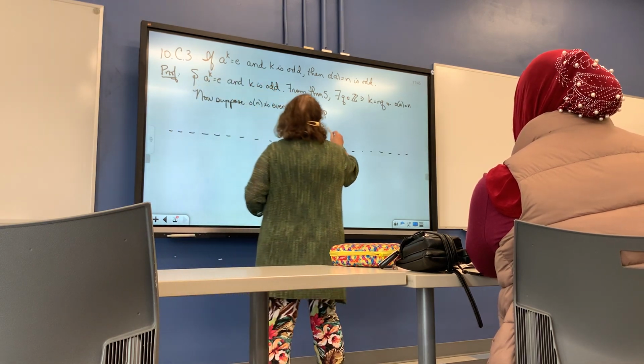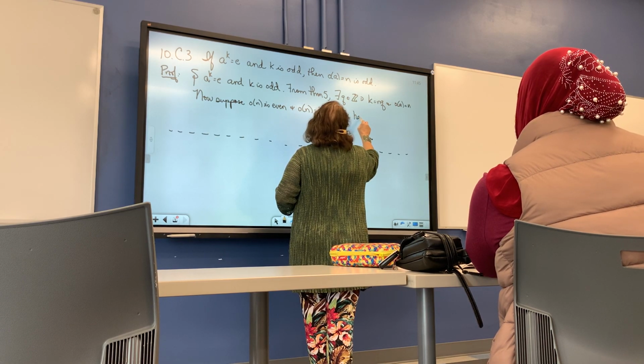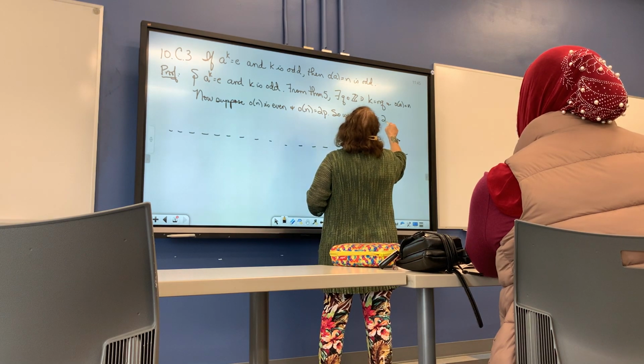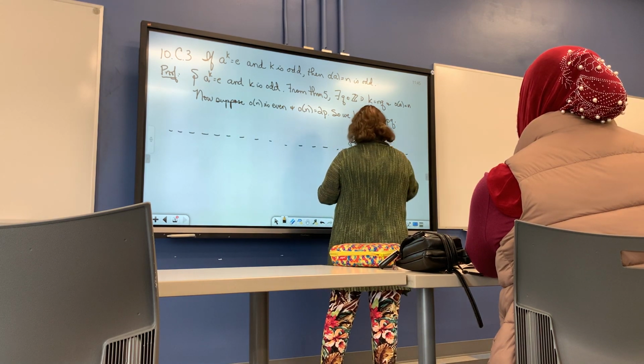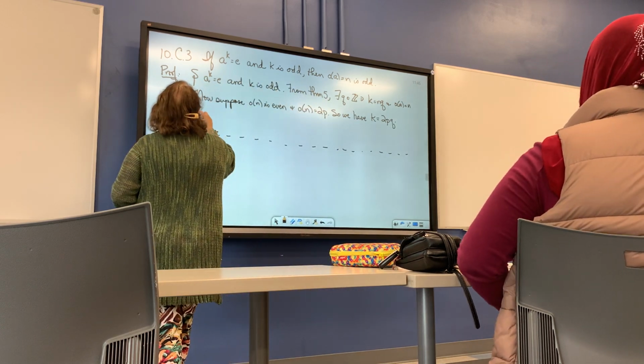Now substituting k equals 2pq, this contradicts k is odd.